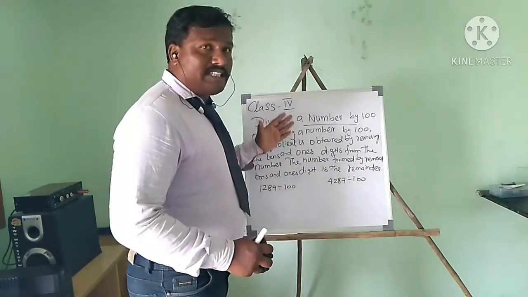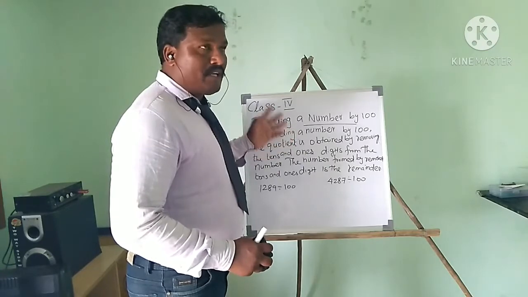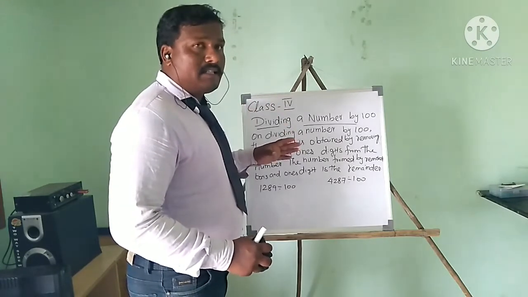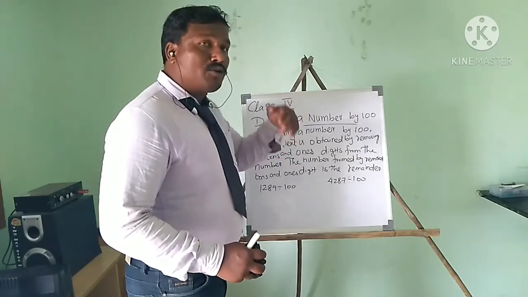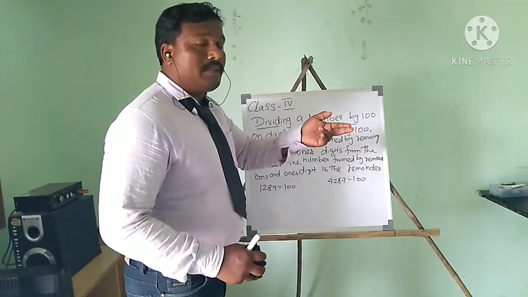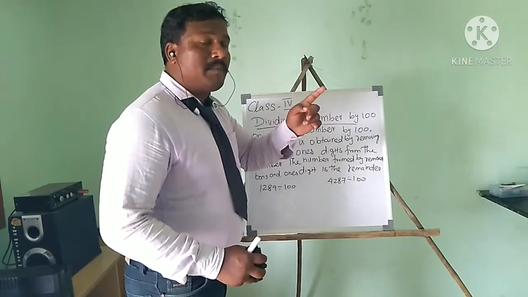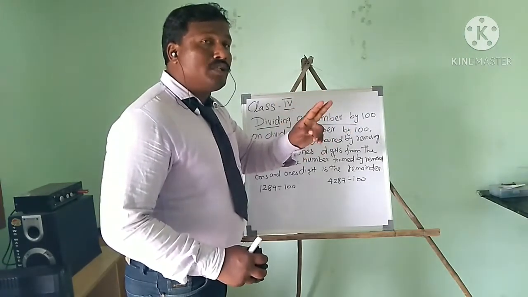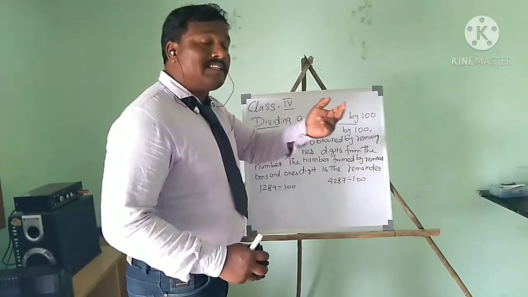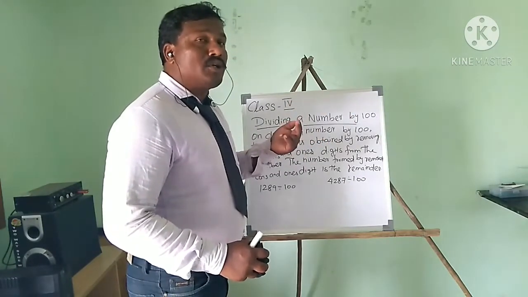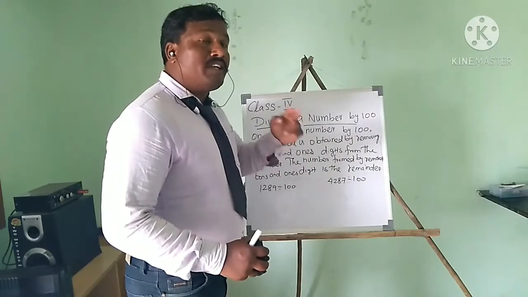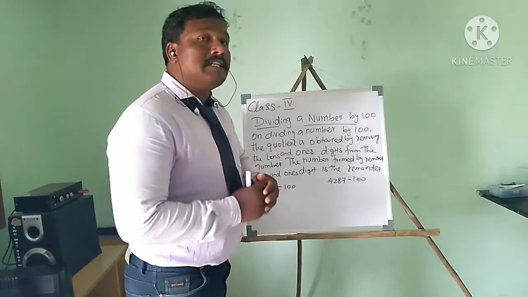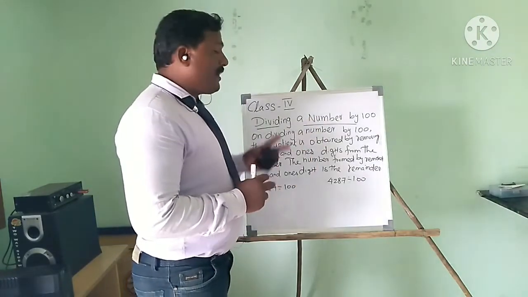What it means is that when we divide any number by 100, we have to remove the last two digits, the digits in the ones place and tens place. The remaining number is the quotient, and the removed ones and tens digits form the remainder. That's the rule.